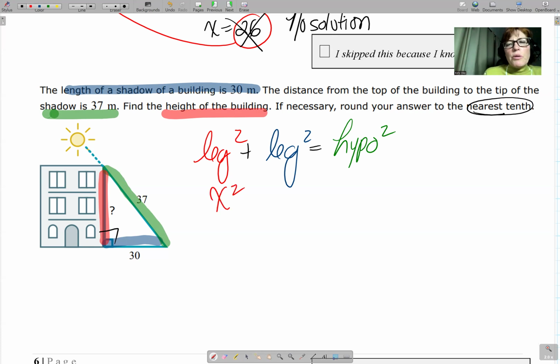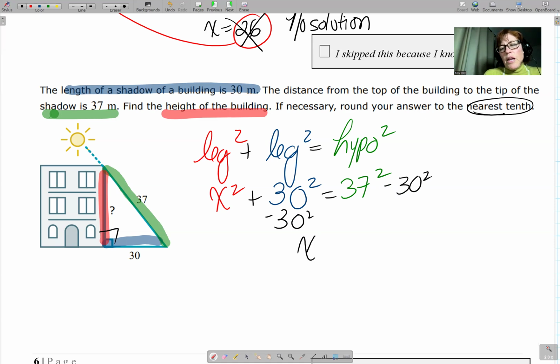I'm going to show you how to do it in one step on your calculator here. 30 squared plus x squared equals 37 squared. Don't touch the calculator until x is by itself. So we can minus 30 squared. So you end up with x squared equals 37 squared minus 30 squared.